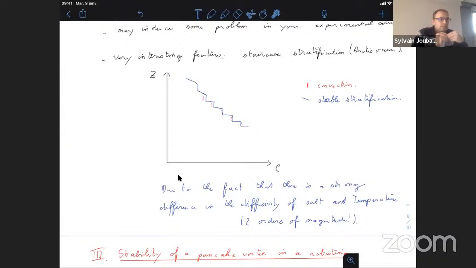In fact, you can neglect almost the diffusivity of the salt as compared to the diffusivity of the temperature, and it is the diffusion of temperature that will matter more.